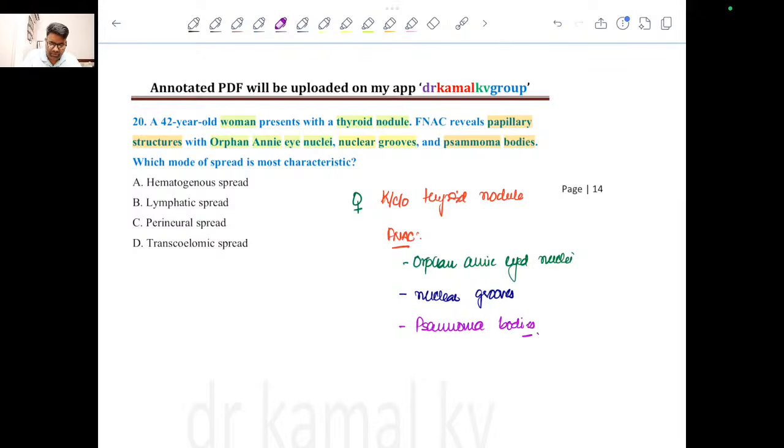Yes, so the moment you have this many keywords, the answer will come out to be papillary carcinoma of thyroid, and yes, it has a lymphatic spread. It usually spreads to the cervical group of lymph nodes. Very good Deepak, very good Saloni Priya, Bhuvana, yes, everyone, you are absolutely right. So this is lymphatic spread related to papillary carcinoma of thyroid.